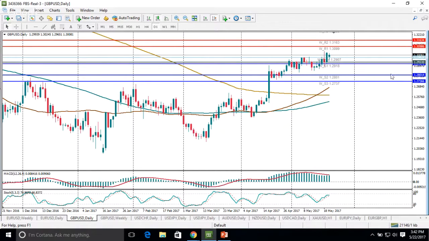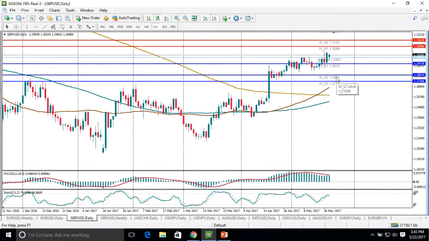So I suppose that the way to the upside will be a bit slower, and we may continue revisiting support levels in the area of 1.2918 and maybe even levels close to 1.28 support.